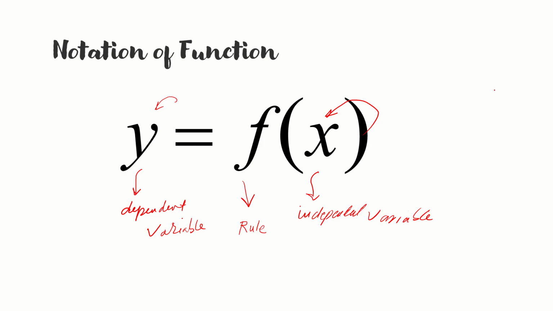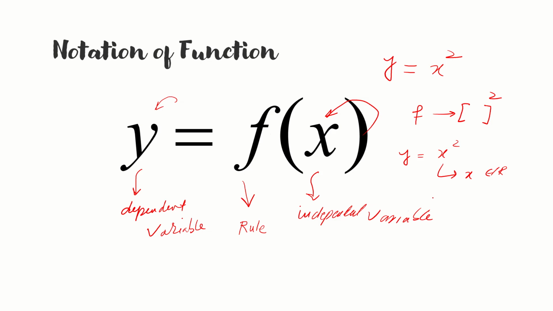For example, if we define a function like y is equal to x square, in this case f is basically the square of anything. I can put the value of x to be any real number.